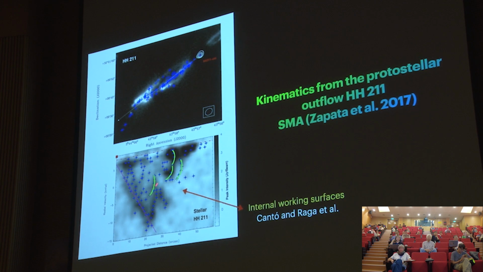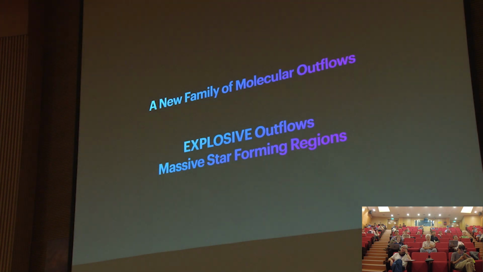Something that is really nice is that you start to see these lines in the position of the dots. More or less, this is the internal working surfaces that Cantó and Raga already discussed. Many of them are associated with internal shocks in the outflows. In many outflows we can see this kind of structure. We don't see it really clearly across the whole outflow, but in some it is more clear.